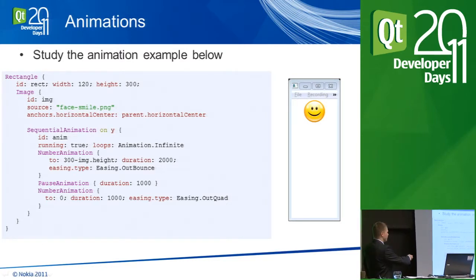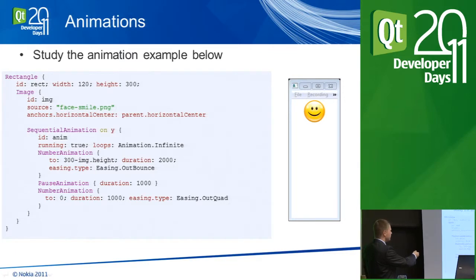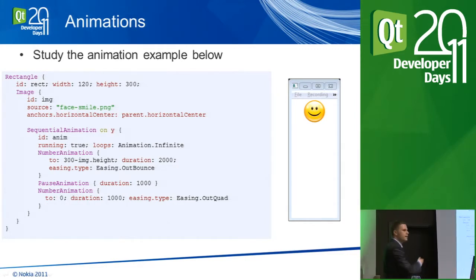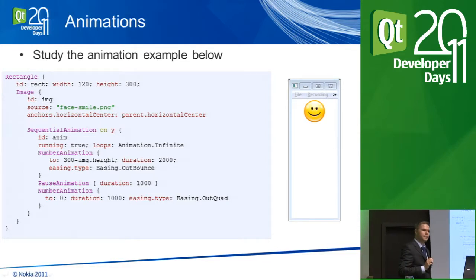So the first animation targets the image. It moves the Y property from whatever it is to 300 minus the image height during 2000 milliseconds. And it defines something known as easing.